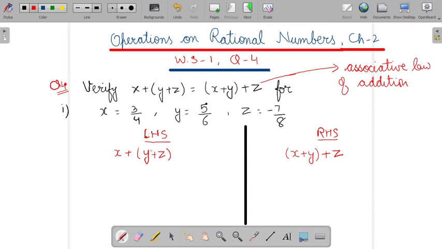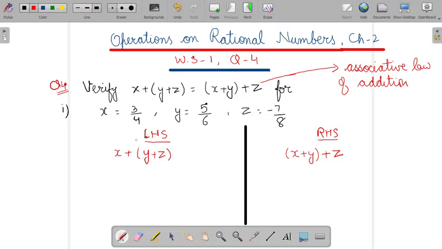Now let's go for the first part. These are the values of x, y and z. Now we have to verify these two. So LHS is x plus (y plus z) and RHS is (x plus y) plus z. We will write these two separately.